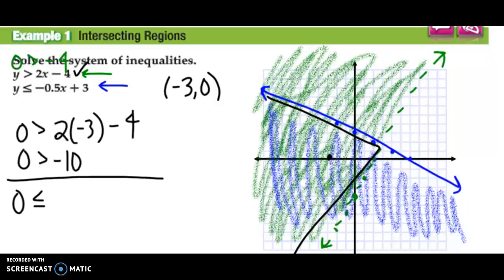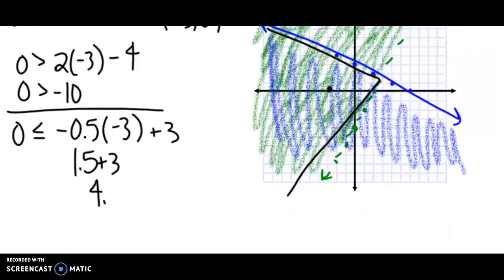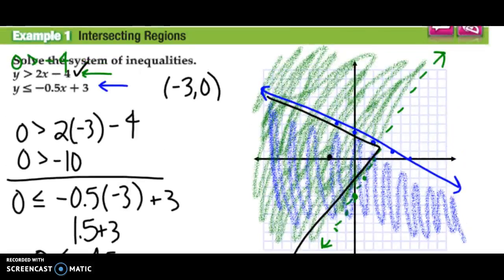Is 0 less than or equal to negative 0.5 times negative 3 plus 3? Well, negative 0.5 times negative 3 is going to be a positive 1.5, plus 3, and so that's actually going to be 4.5. Is 0 less than or equal to 4.5? It is. So it works for the bottom one.